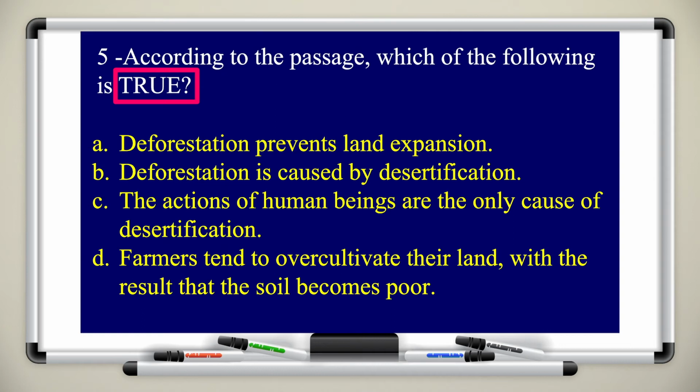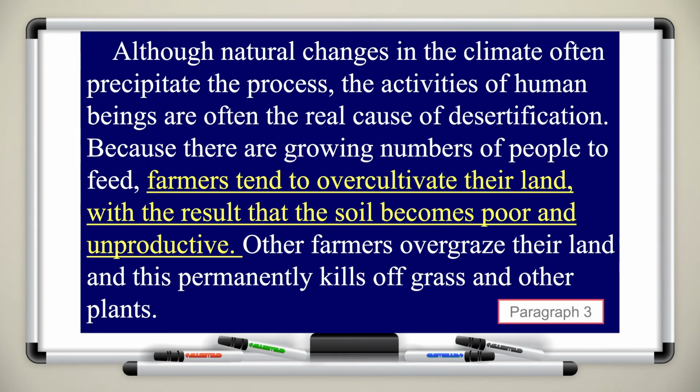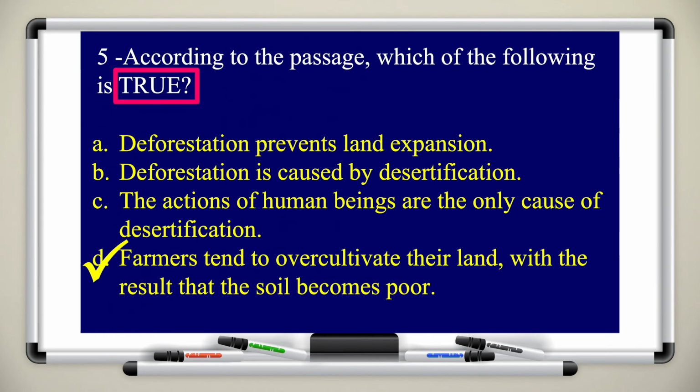Which one is true, meaning which one is mentioned in the text, or you understood it from the text? In paragraph 3, we can find our answer. Because there are growing numbers of people to feed, farmers tend to over-cultivate their land with the result that the soil becomes poor and unproductive. So this one is true. Farmers tend to over-cultivate their land, which causes the soil to become poor.